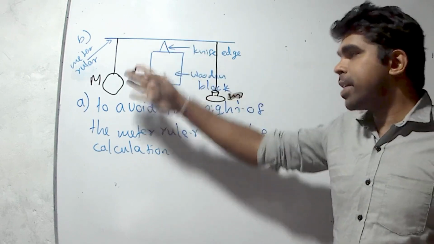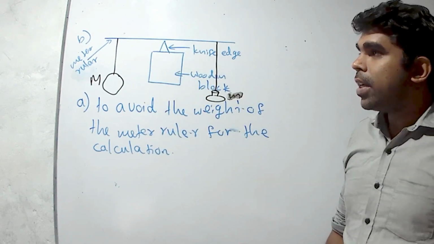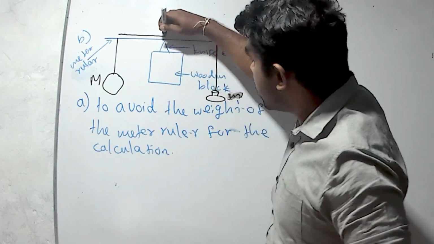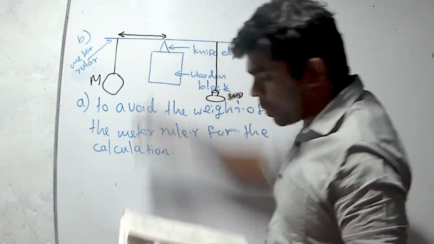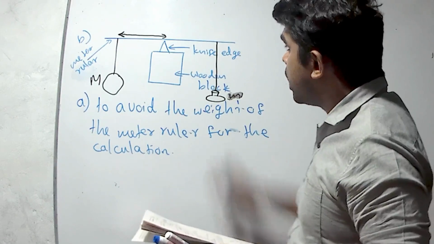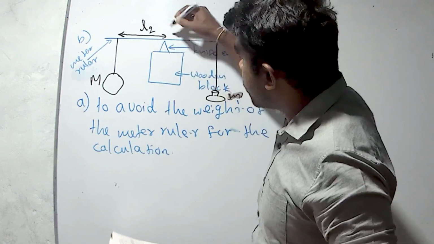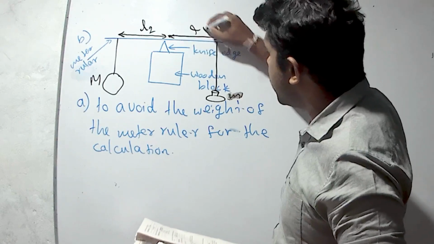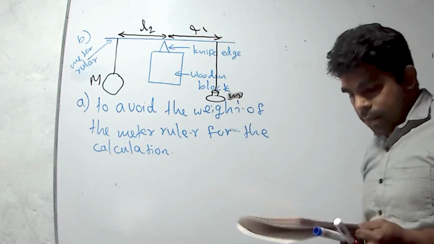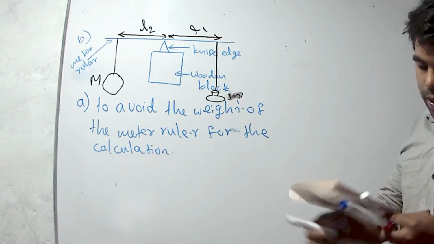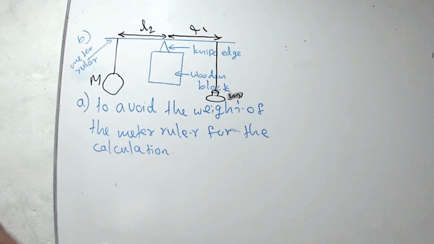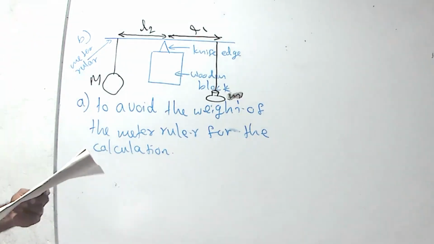When mass increases, balance length decreases. Therefore, this should be the small balance length. We have to mark it as L2. This one is the larger balance length, L1. We have to mark the balance length corresponding to the larger value as L1.